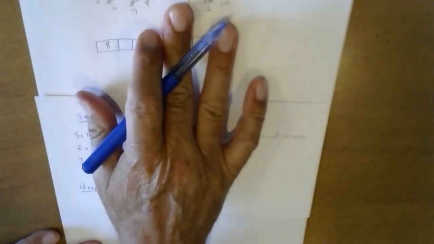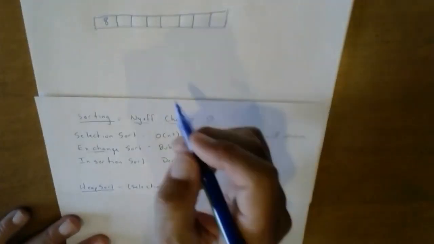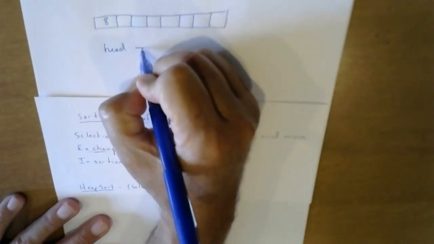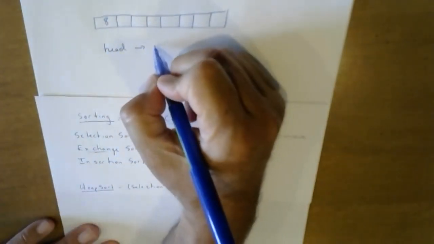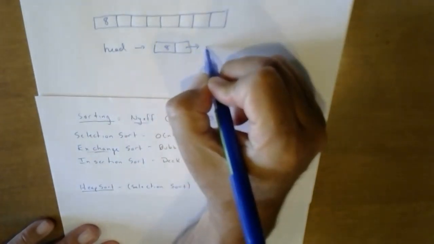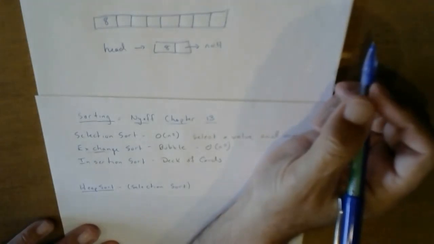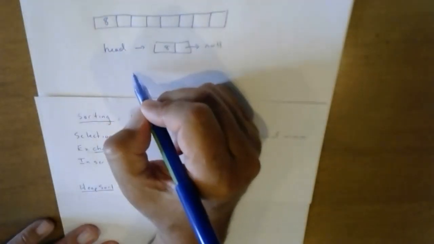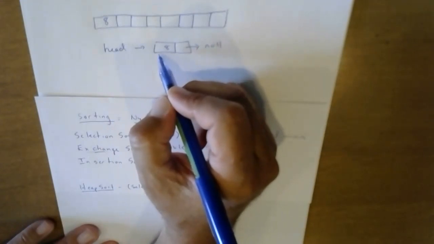But being the smart, intelligent folks you are, all of a sudden I hear you say, well, you know what? Instead of an array, maybe we should be using a linked list. Now, if I go to put in 3, I create a new node. Head goes to 3, 3 goes to 8.